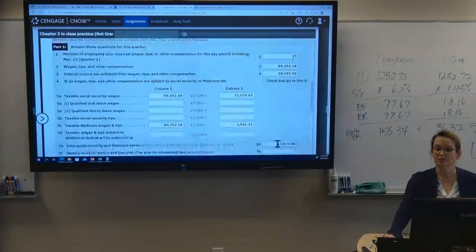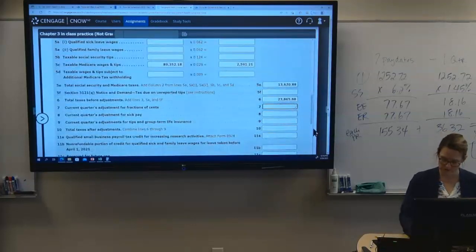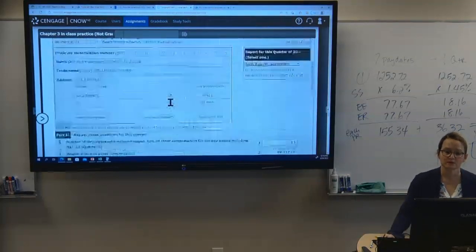So we have to add 4 cents here in order to do that, right? Not going to do anything for 8, 9, line 10, total taxes after adjustments. We're going to combine line 6, 7, 8, and 9. So this is going to get us to 23,865.92, which is the same as what our deposits were.